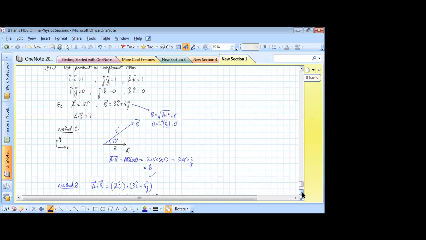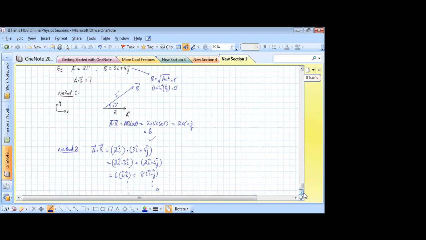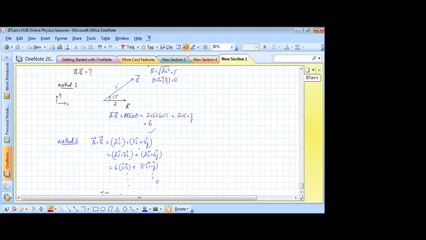Okay, so let us look at the second method also, where you're opening this by using the distributive property. This method is the more important one for us, and we will see that we can actually now generalize this.